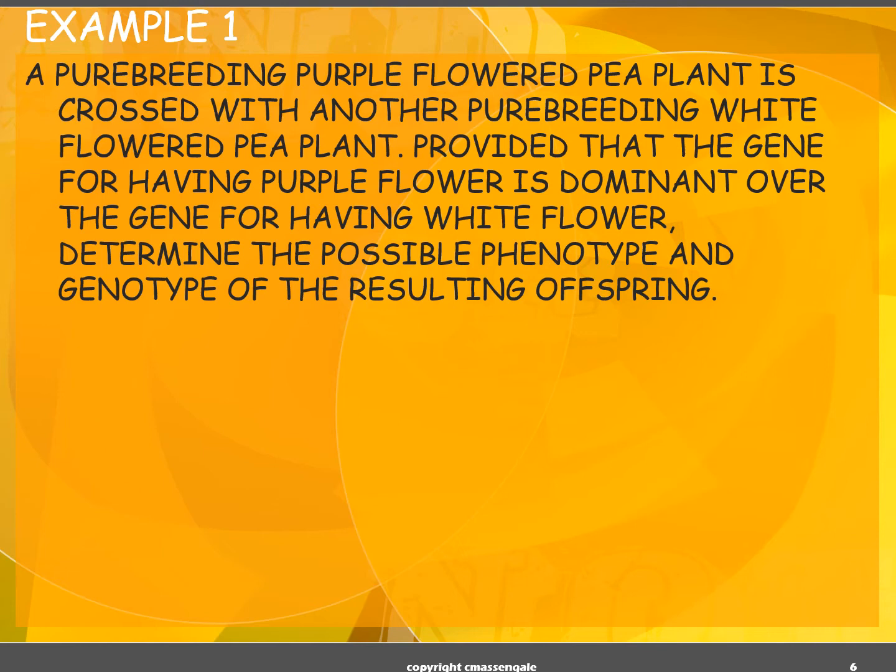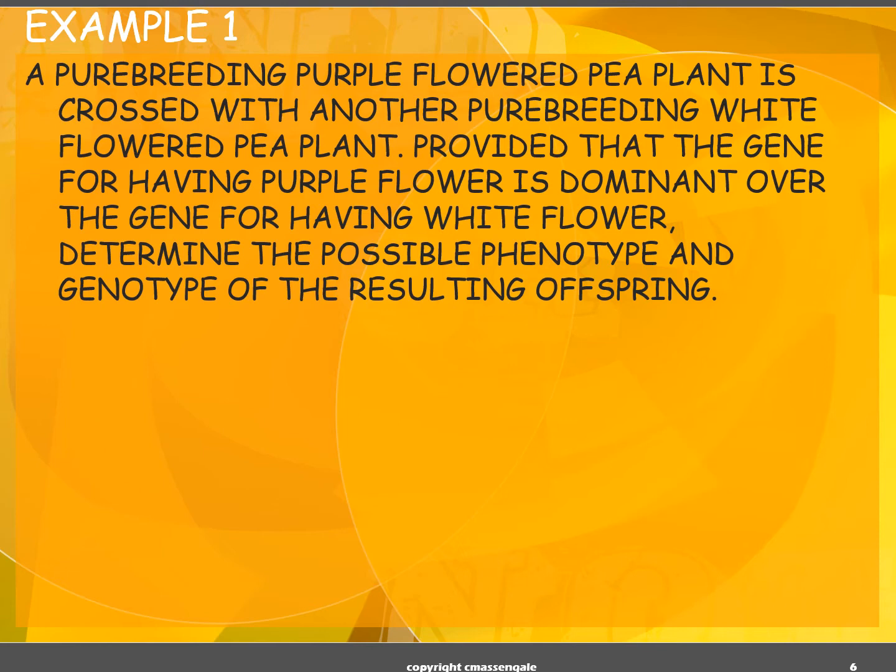Provided that the gene for having purple flower is dominant over the gene for having white flower, determine the possible phenotype and genotype of the resulting offspring. This is an example of a monohybrid cross because in this problem we are just dealing with flower color.